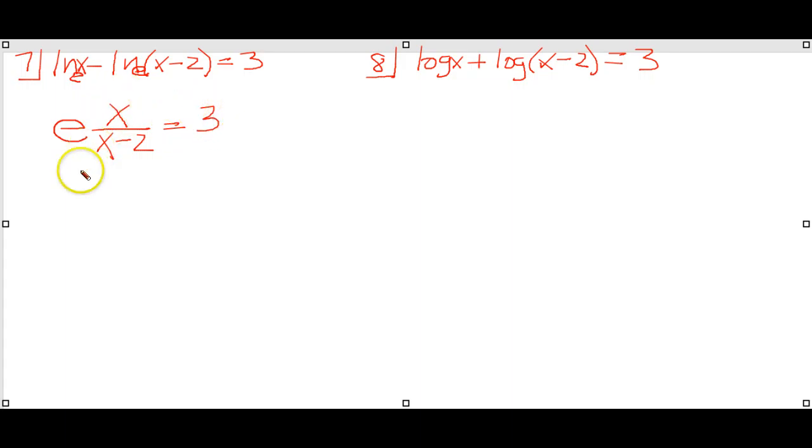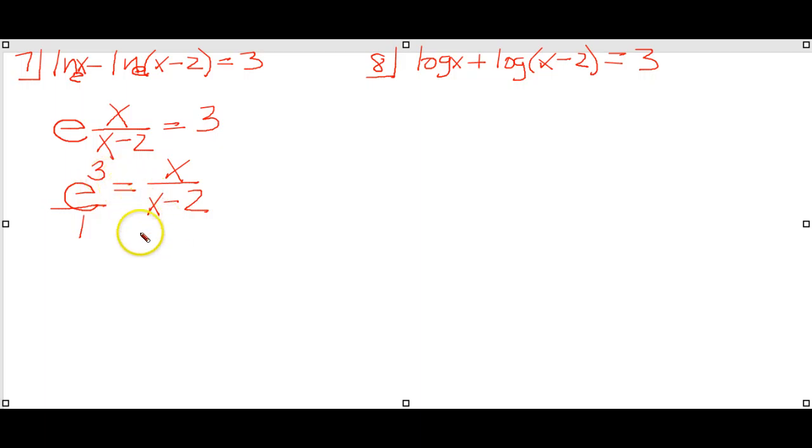So now, putting it into its exponential form, our base is E to the third power, and that's going to equal this. This is the answer. Now, this is over 1.